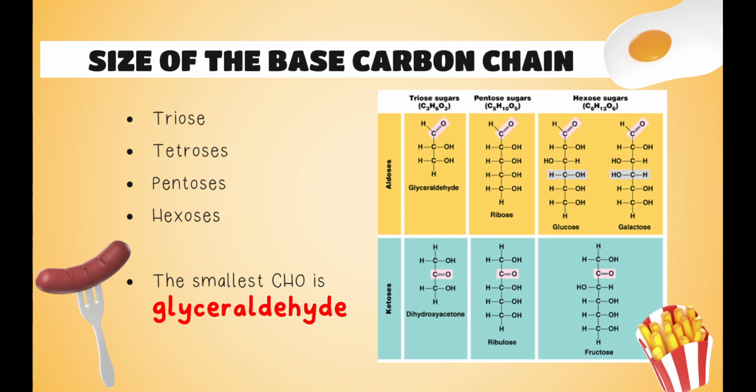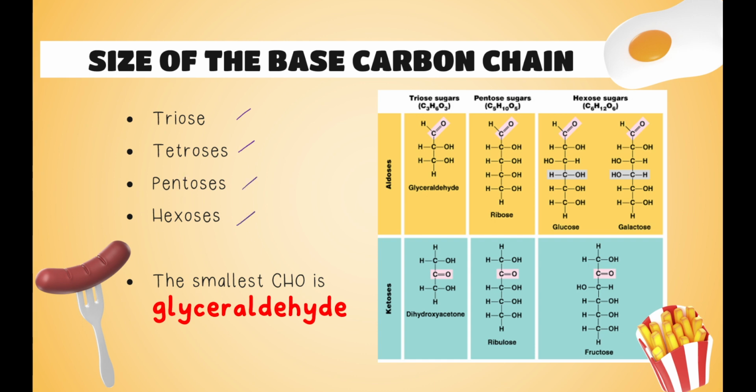So now we proceed to the second classification, which is the size of your base carbon chain. From the name itself, all you need to do is count the number of carbons present in its chemical formula or structure. And thus we have these terms triose, tetroses, pentoses, and hexoses.